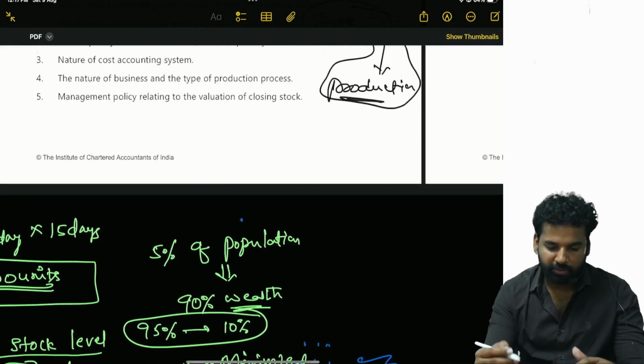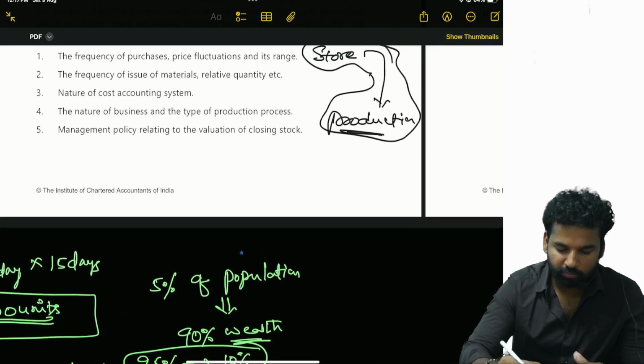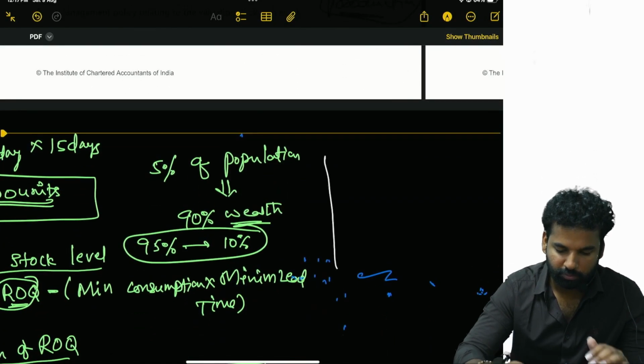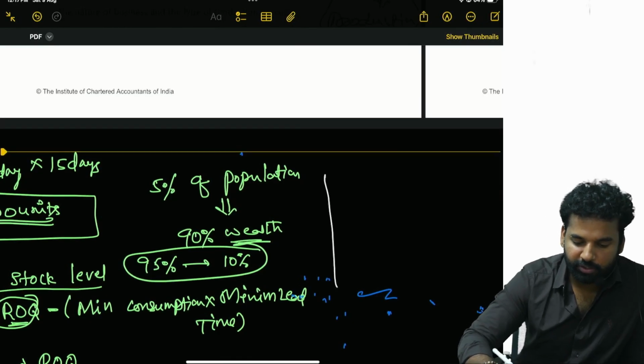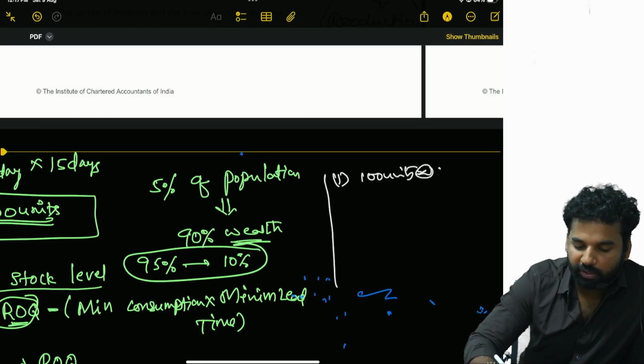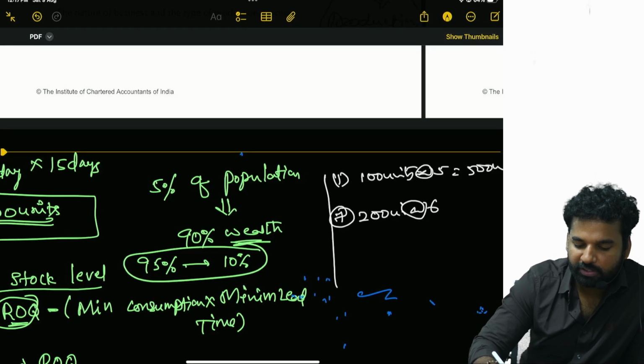So let's say on day 1, we have purchased 100 units at rupees 5. Day 7, we purchased 200 units at rupees 6 per unit.